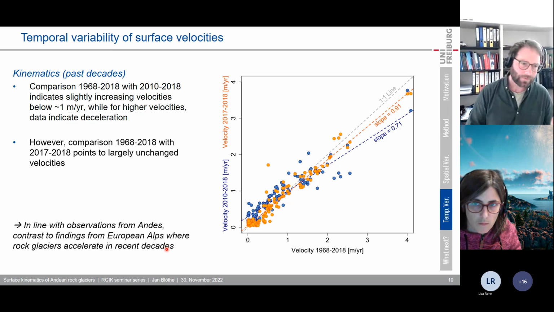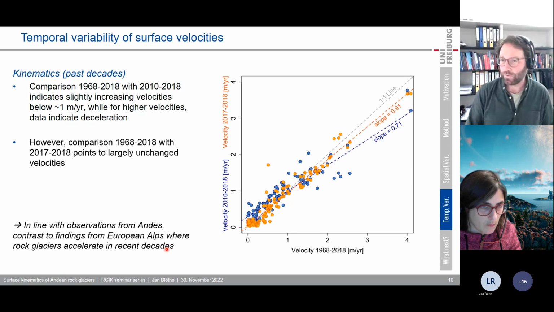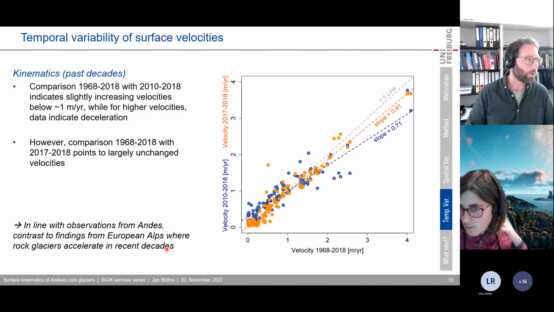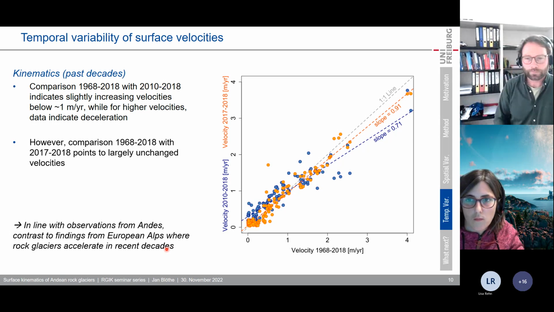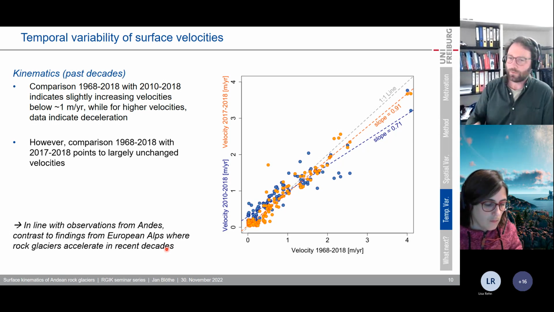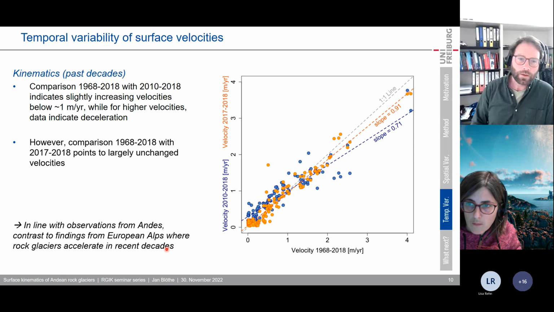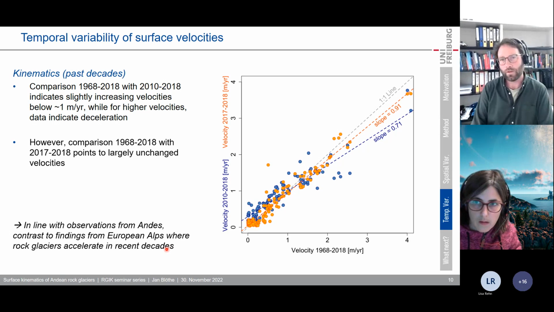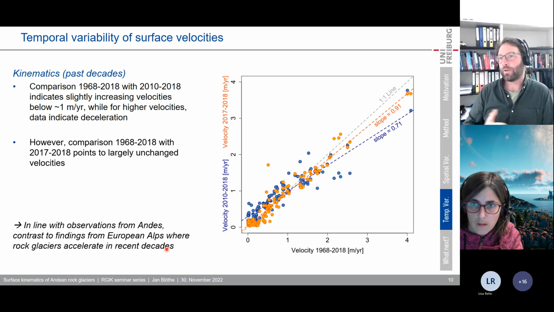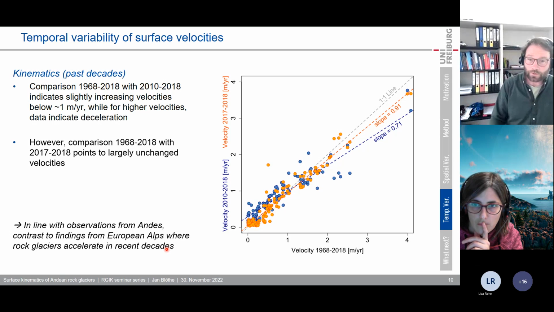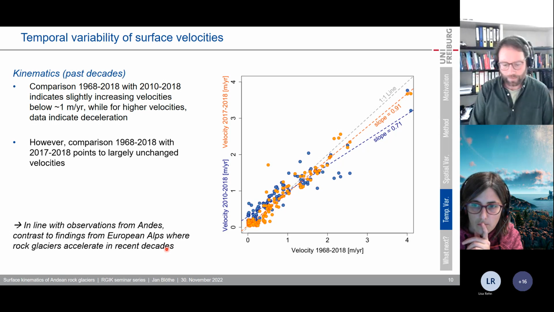So in this case, I would argue we are not seeing strongly differing surface velocities if we look at the past decades in comparison to very recent surface velocity fields that we derive from our UAV surveys. And that is in line with other studies from the Andes, but in sharp contrast to the findings that we know from the European Alps, where we can see an increase in surface velocities in the past decades.